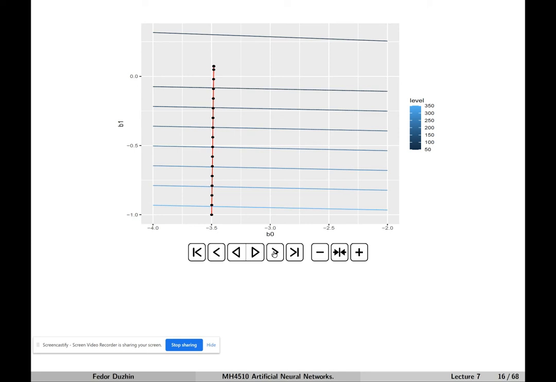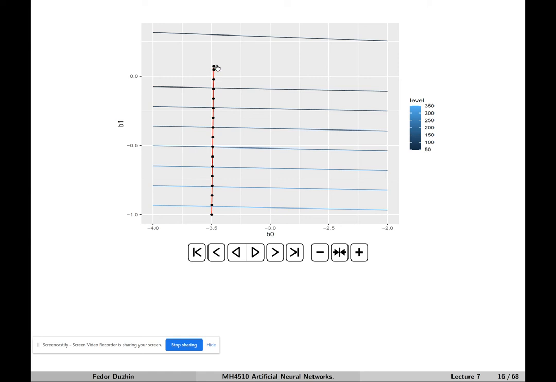As a matter of fact here, the optimal point is probably somewhere here. So what happens is that when we do this gradient descent, first we very quickly move to this area, a very long hollow on the surface.